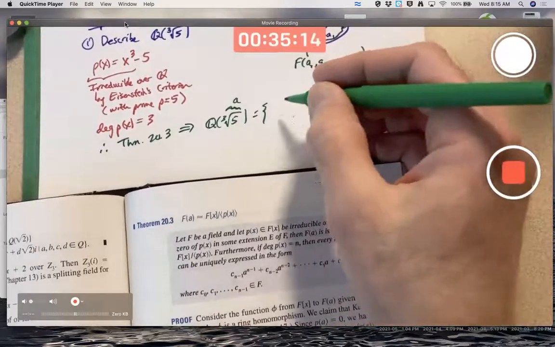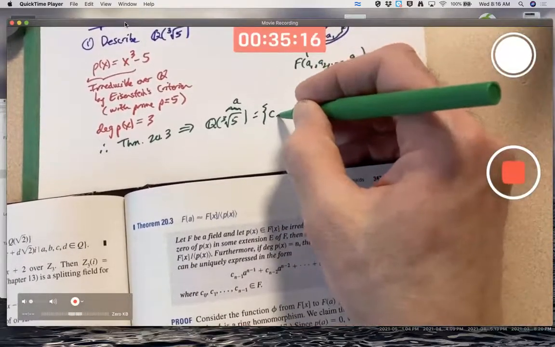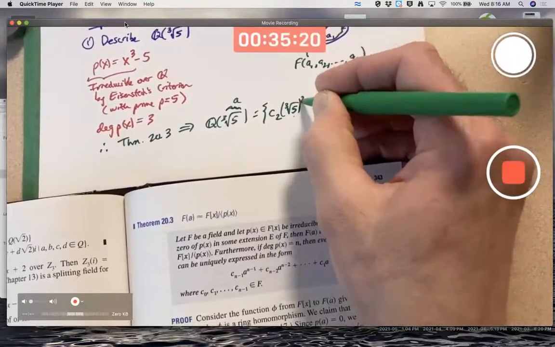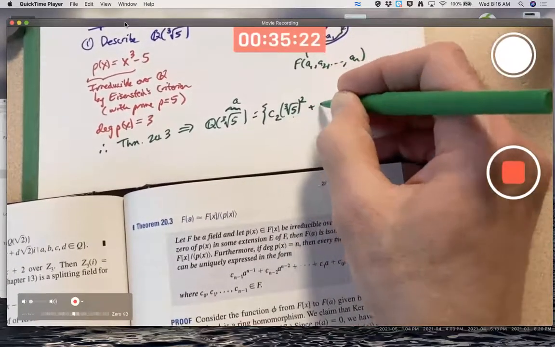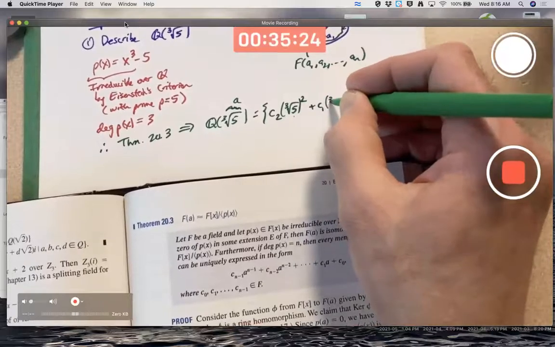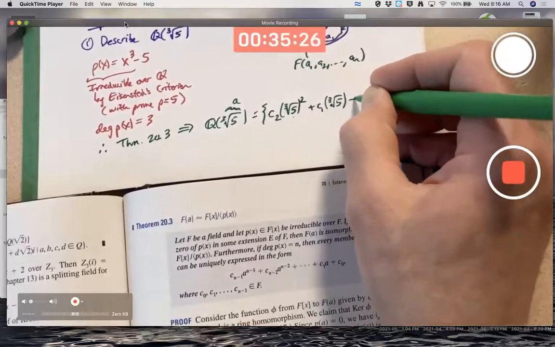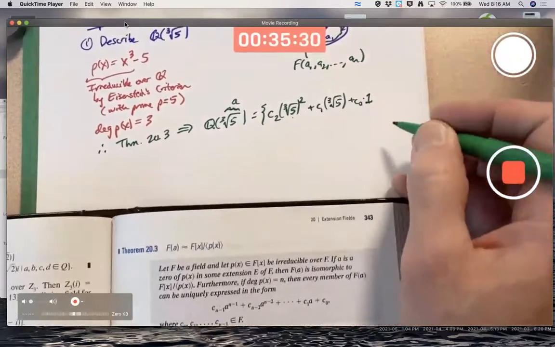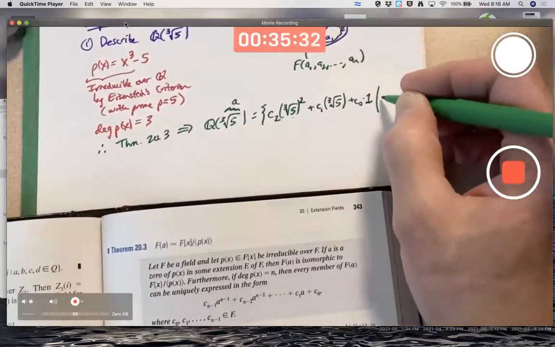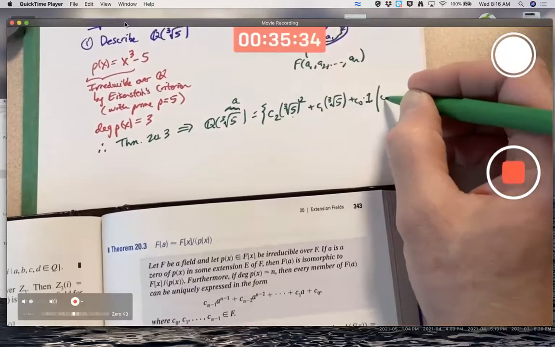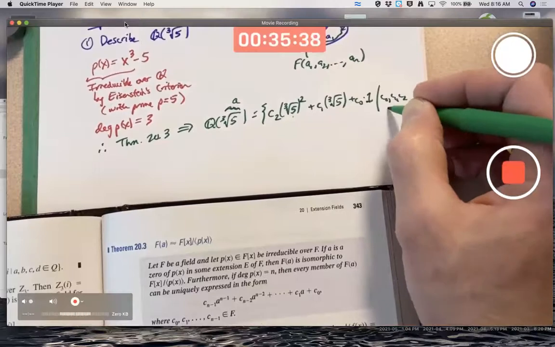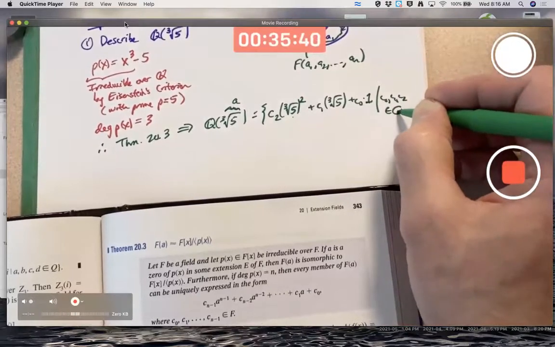You can write this as, say, c2 cube root of 5 squared plus c1 times cube root of 5 plus c0 times, if you want an extra emphasis, you can put a 1 in there like that, 1, where c0, c1, c2 are all rational numbers. They are in Q.